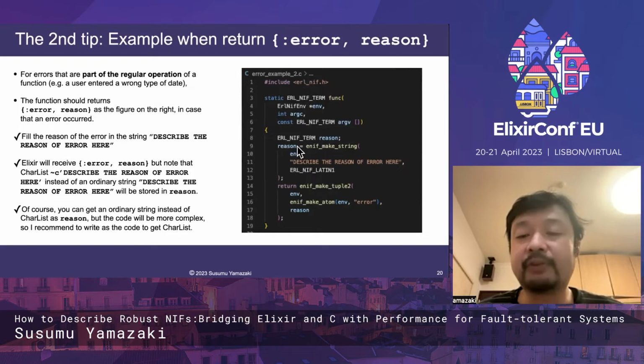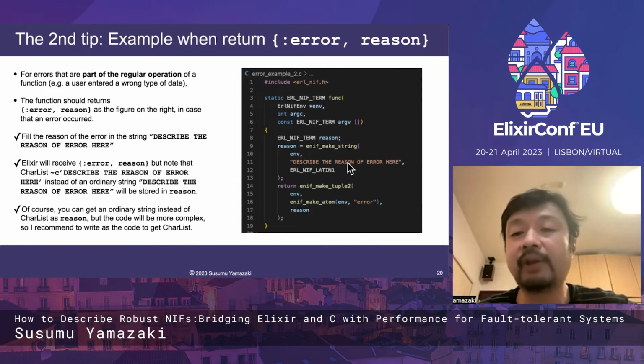Here is a reason. This is made by enif_make_string and returns a tuple of atom and reason. Fill the reason of the error in the string. Describe the reason of the error here.